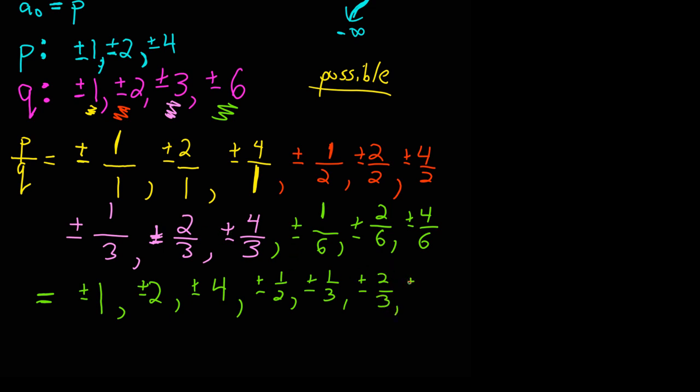And plus or minus 4/3. So I've worked my way through here, and I'm going to look at these last ones. Plus or minus 1/6. Well, 2 over 6 is 1/3, and I already have that. And 4 over 6 is 2/3, and I already have that. So I've reduced the amount of possible roots I have.